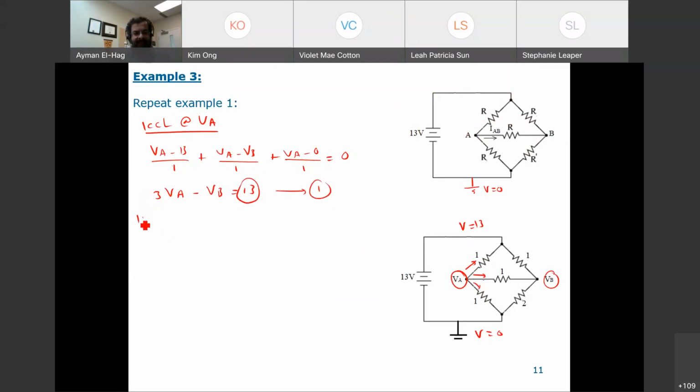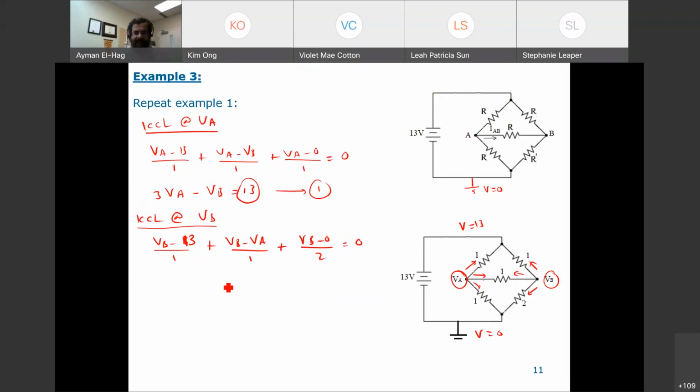Then KCL at VB. Again, assume all the currents are leaving. So here we have VB minus 13 over 1, the current that goes up, plus VB minus VA divided by 1, plus the current that goes down, VB minus 0 divided by 2, is equal to 0.